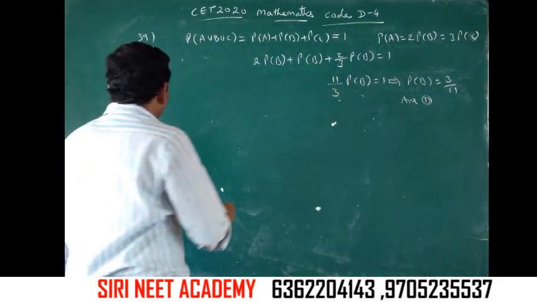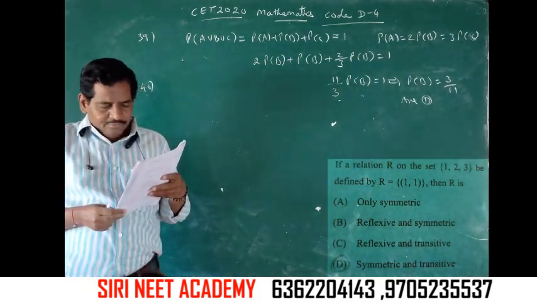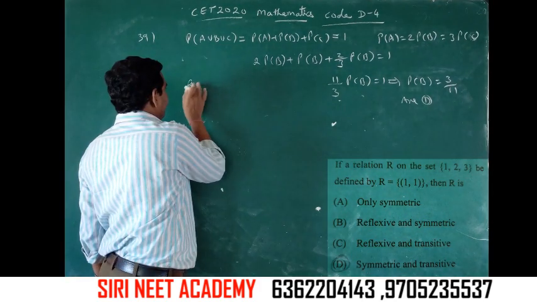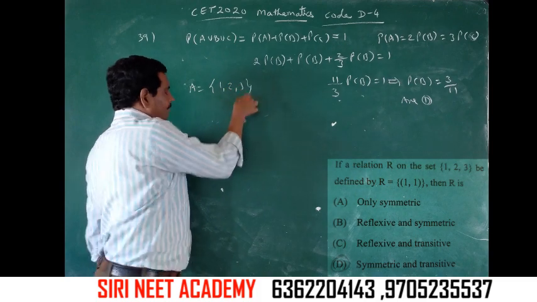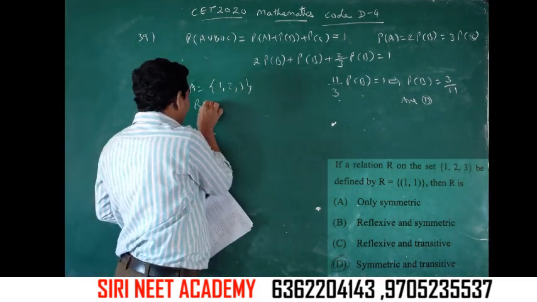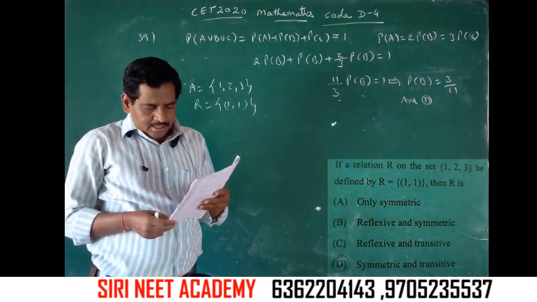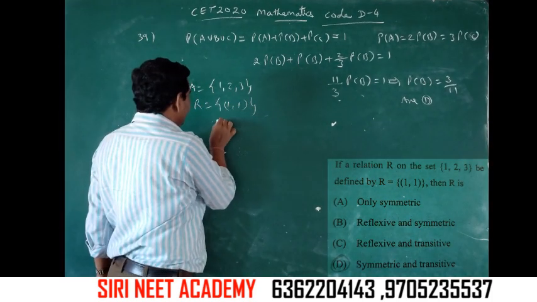Question number 40. If a relation R on set 1, 2, 3 is defined as R is equal to the set of 1 comma 1. Then R is, here it contains 1 1.